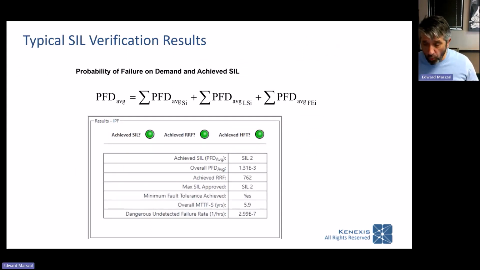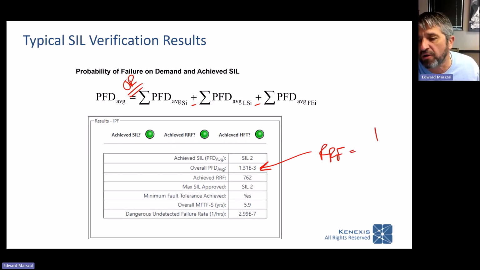So when you use your equations for all the individual components, then you're going to use your probability addition because you have an OR to add the PFD of the sensors, logic solvers, and final elements to get your overall PFD. Your risk reduction factor, as everyone knows, is 1 over the PFD, and that's where that number came from.